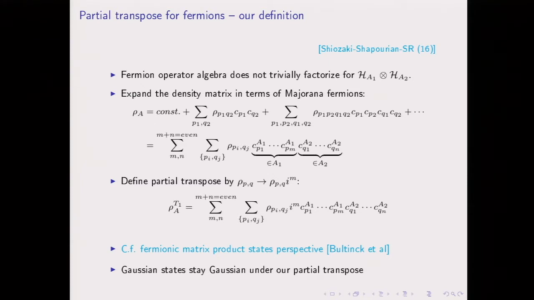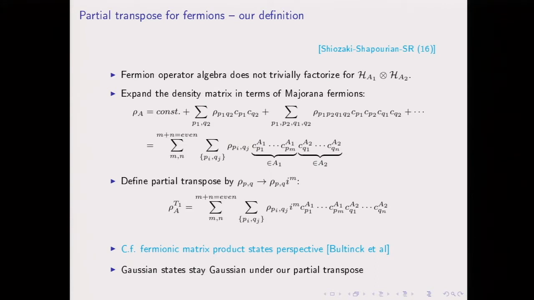The partial transpose operation acts on only half of it, this part, and what it does is to produce this phase. This phase turns out to be very crucial to capture the quantum correlations and also the topological invariant. After we completed this work, we were also informed by the matrix product states community about the fermionic version of matrix product states, and from that point of view, adding this phase is also very natural.